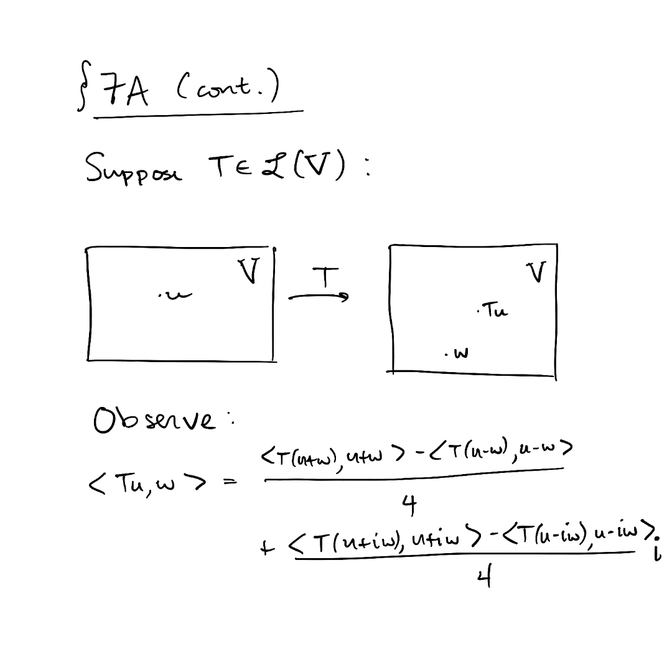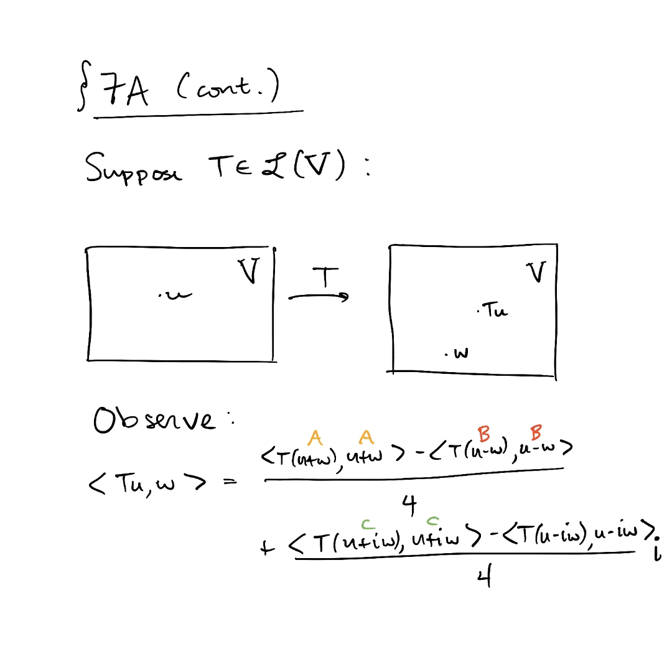Now, if we believe in this funny little fact, then check this out. This first chunk here is T of something, inner product, that same thing. The second chunk is T of something, inner product, that same thing. Third chunk, T of something, inner product, that same thing.